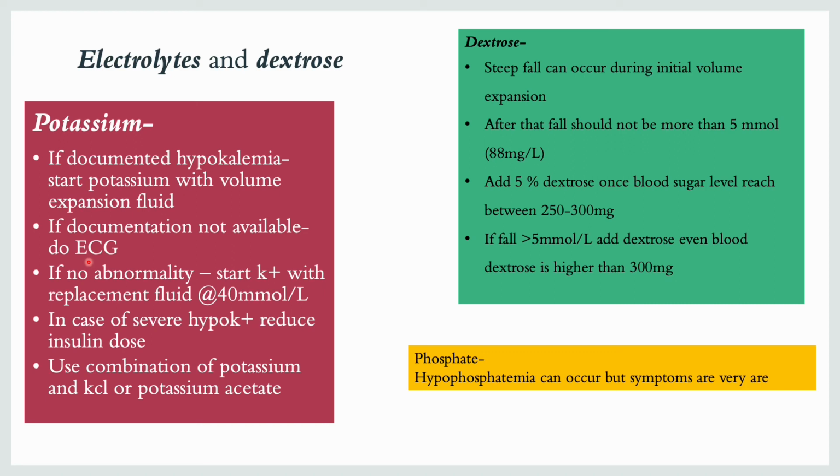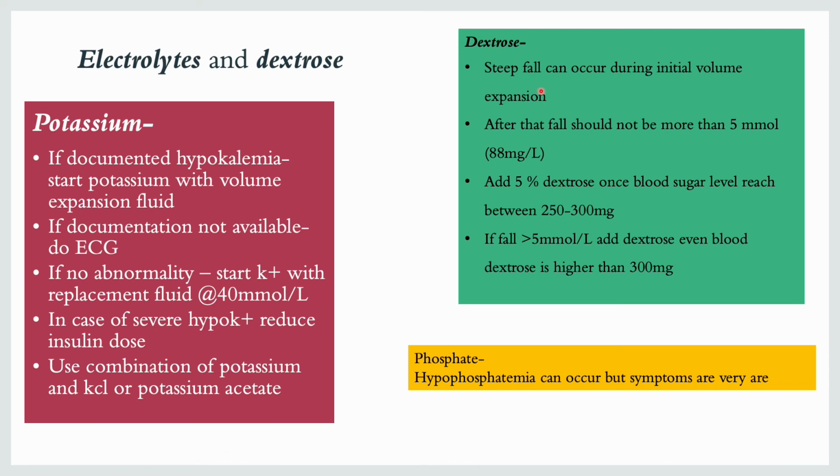If no abnormality, you can start potassium replacement fluid at 40 millimole per liter. In case of severe hypokalemia, you can reduce the insulin dose. And usually a combination of potassium acetate and potassium chloride is recommended.